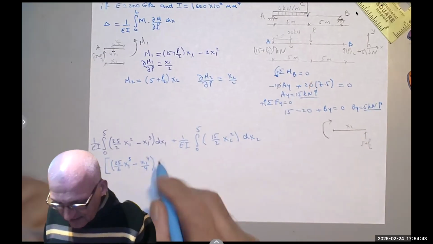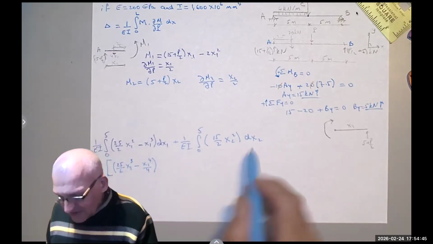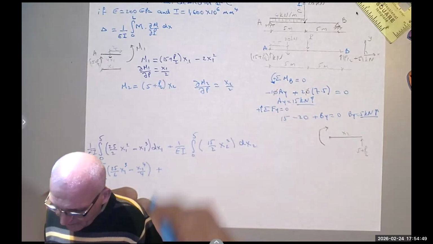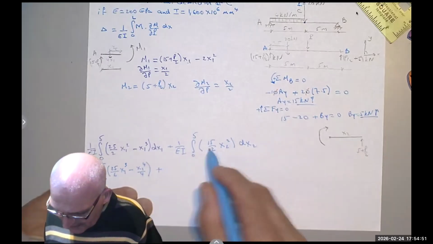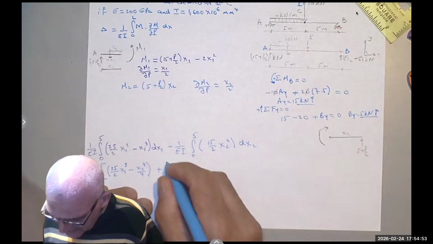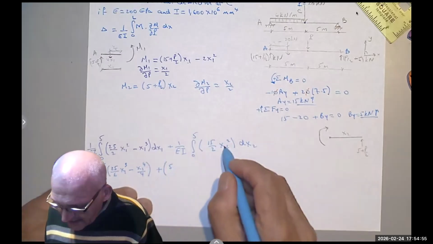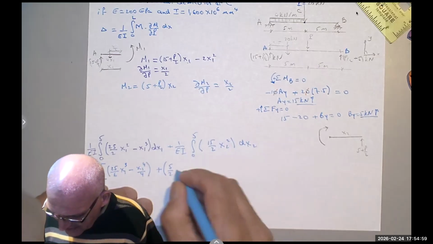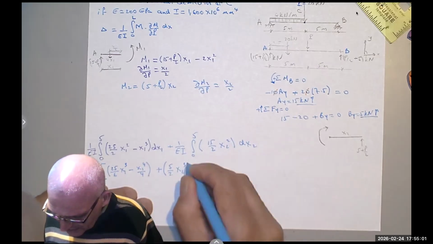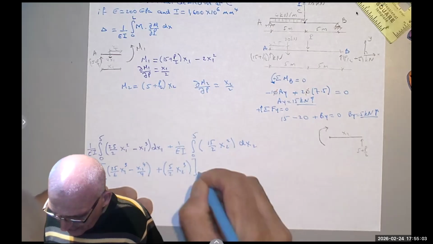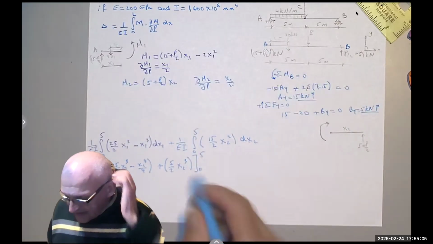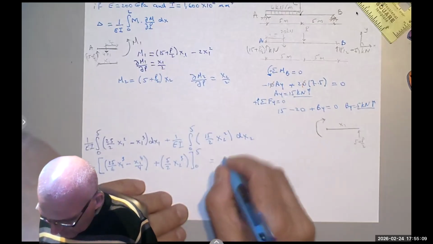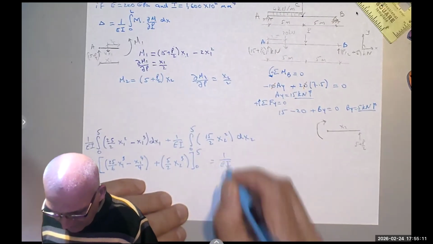And that's evaluated from 0 to 5. And that's also evaluated from 0 to 5. So I can just add them up. This would be 5 halves because 15 x cubed over 3, 15 over 3 is 5, gets 5 halves x2 cubed. And all of that evaluated from 0 to 5. Of course, at 0, you get 0, so you don't have to worry about that. You get 1 over EI.